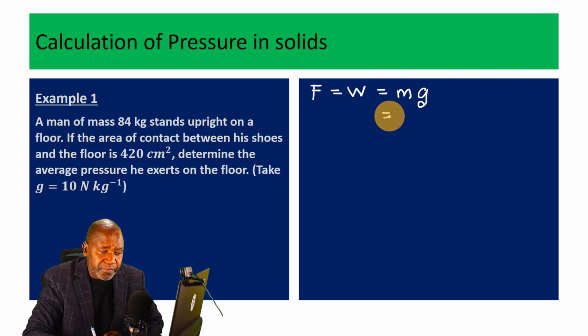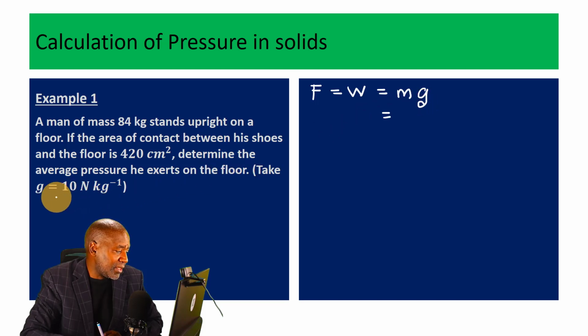This is the value of the gravitational field strength. That's why it is given here. Take g to be 10 newtons per kilogram. What does this mean? The gravitational field strength means the amount of force that the gravitational field exerts on unit mass at that particular point. So it exerts 10 newtons on every 1 kg mass.